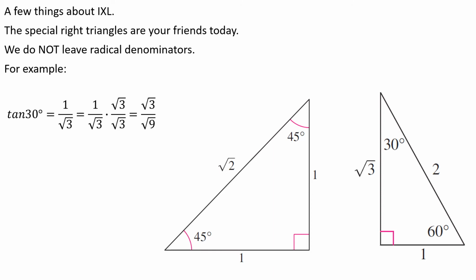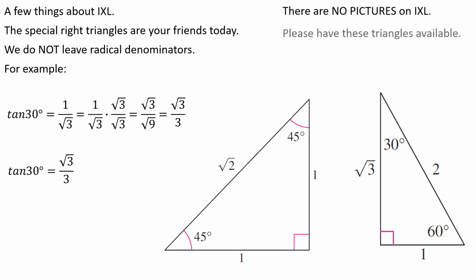Upstairs, 1 times root 3 is root 3. Downstairs, root 3 times root 3 is the square root of 9, also known as plain old 3. So there is an exact answer. That is what would need to be typed into IXL today. So if they give you the tangent of 30 degrees, the answer is root 3 over 3.